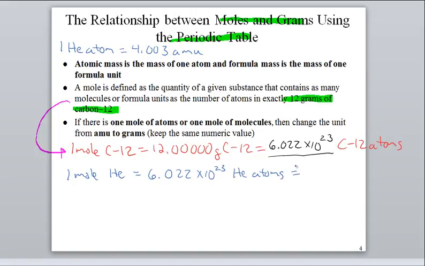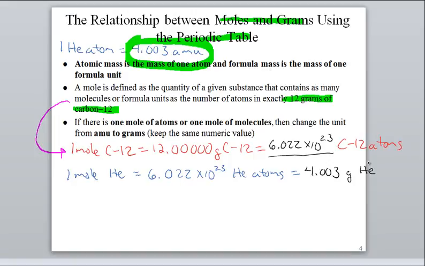The relationship we get is that it's the same number you get from the periodic table, and we'll just accept it. We'll just believe it. So it's 4.003, but instead of being an AMU unit, it's a gram unit.